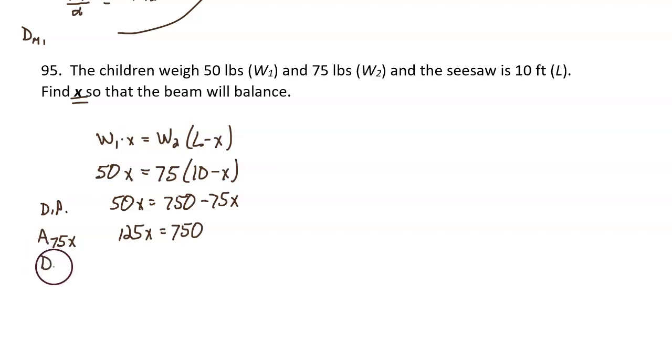And finally divide by 125. So x is equal to 6. The first child, the one who weighed 50 pounds, has to sit 6 feet away from the fulcrum. So if this was the teeter-totter that's 10 feet long, and that first kid sitting on this end, the fulcrum has to be kind of here so that that distance is 6 feet, and that distance is only 4 feet.